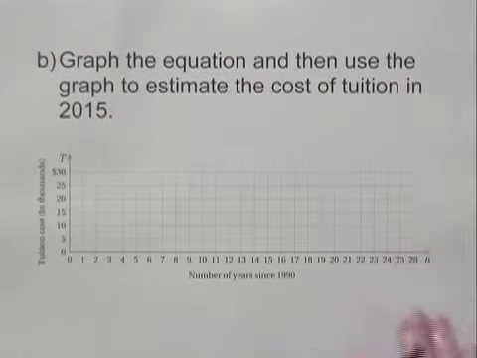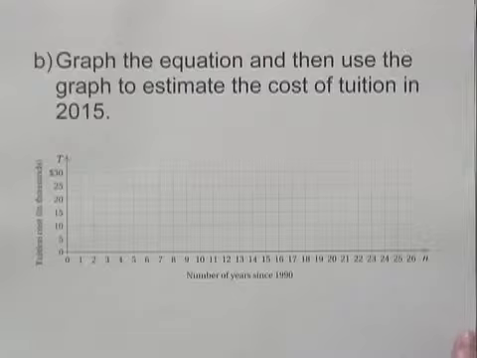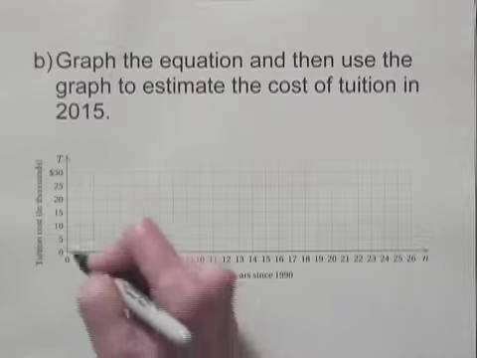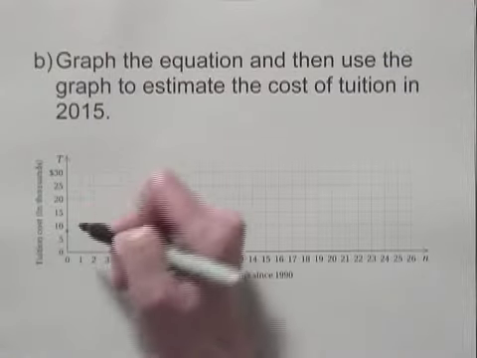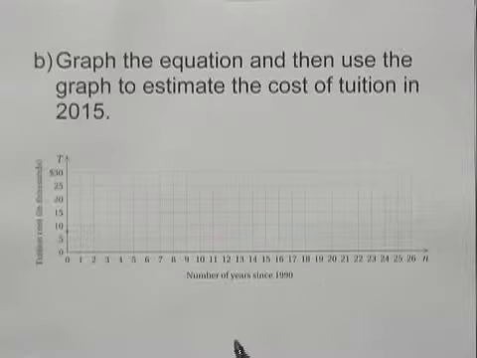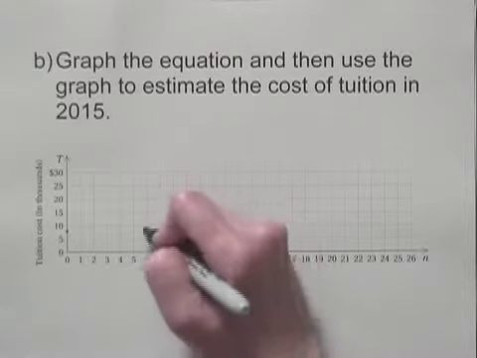Now we'll graph the equation and then use the graph to estimate the cost of tuition in 2015. We found some points in the earlier part of this exercise. We found the point 0, 7.8, so I'll graph that right about here. We found the point 6, 12.